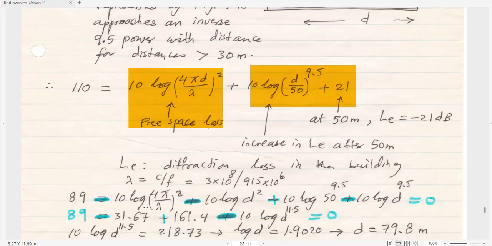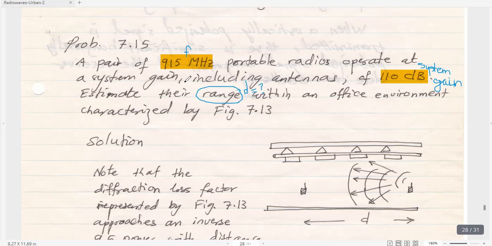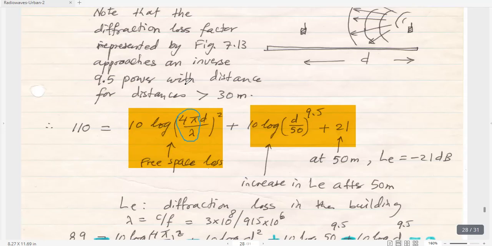Now 110 minus 21 is 89, minus 10 log of the constant 4 pi over lambda, because the frequency is given here. Frequency is 915 megahertz.